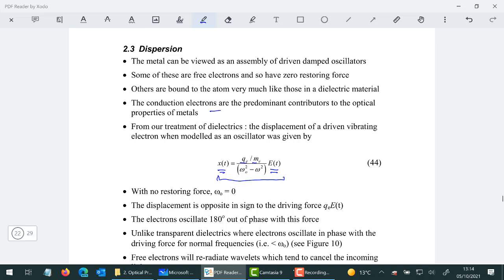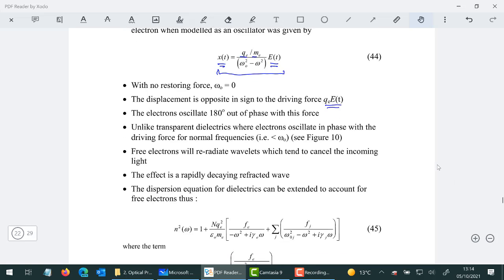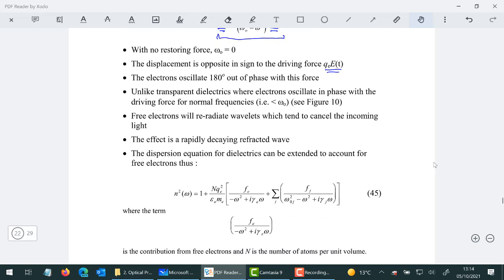No restoring force means that omega naught is 0, and so this negative sign will come out, and the displacement is in the opposite sense from the direction of the electric field. In other words, the electrons oscillate 180 degrees out of phase with the driving frequency for normal frequencies.